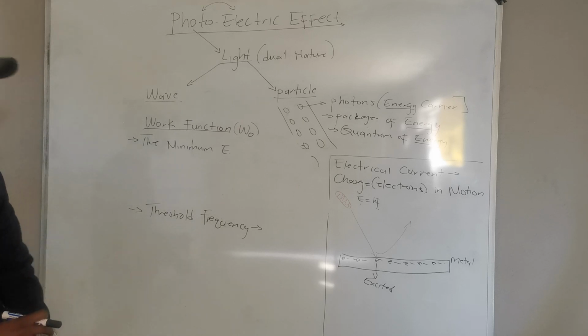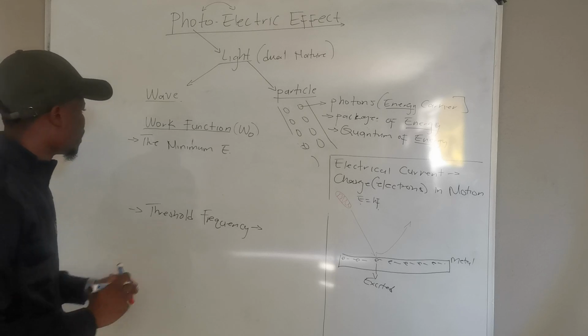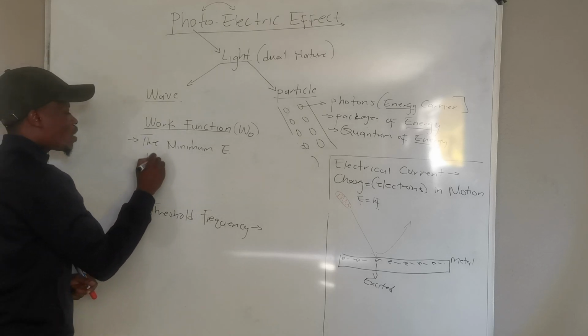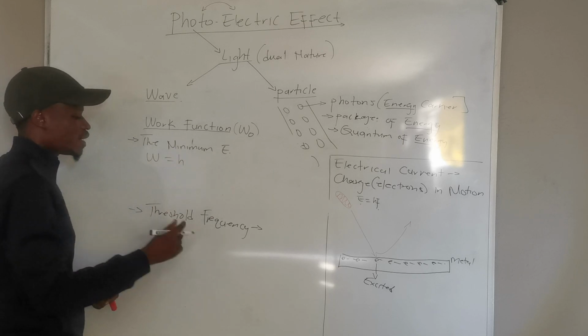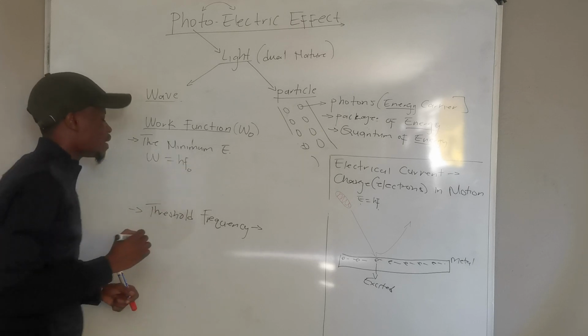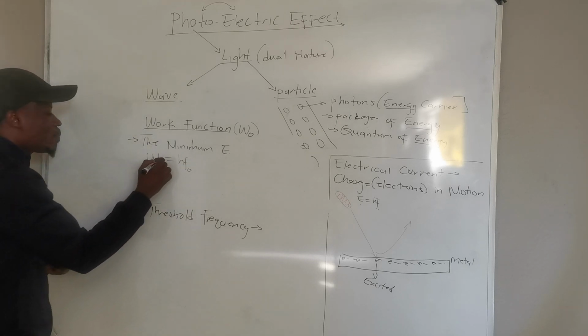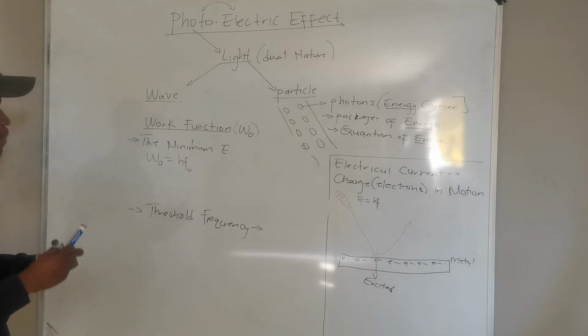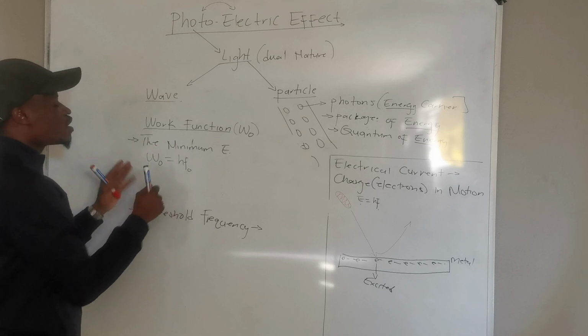Alright, therefore now, what we see here is that the work function should be related to the threshold frequency. So we are going to say the work function is equal to the Planck constant multiplied by the threshold frequency. Remember that h times f is an energy.